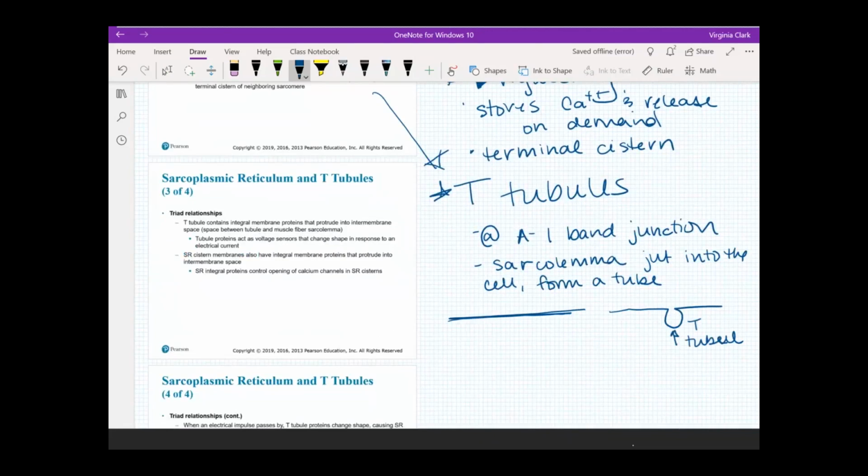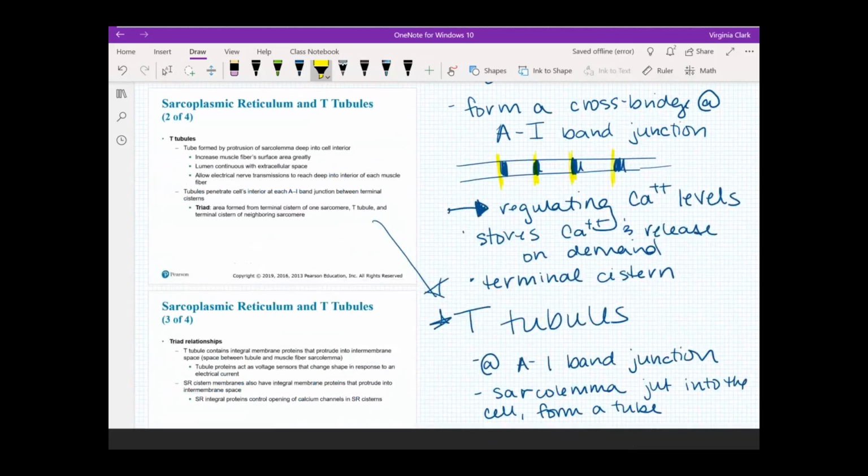So when it juts into the cell, it essentially is a closed off bubble of sarcolemma that is jutting into the cell. So this T-tubule is formed by the protrusion of the sarcolemma into the cell's interior. The reason we have this is it will actually increase the surface of that plasma membrane, that sarcolemma, greatly. So that's very, very, very important.